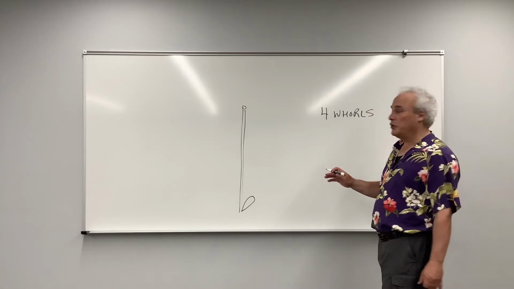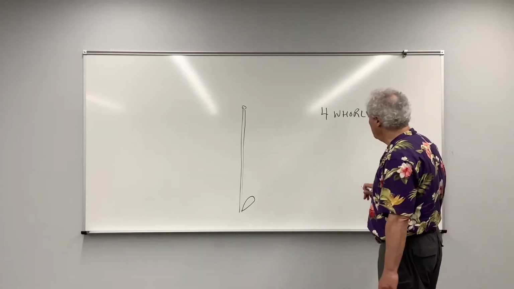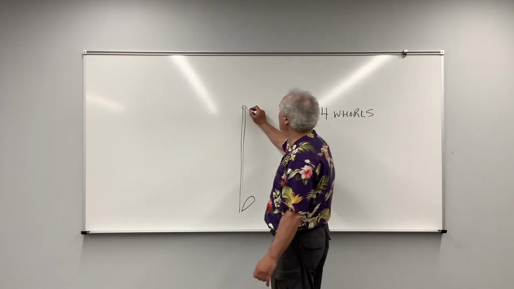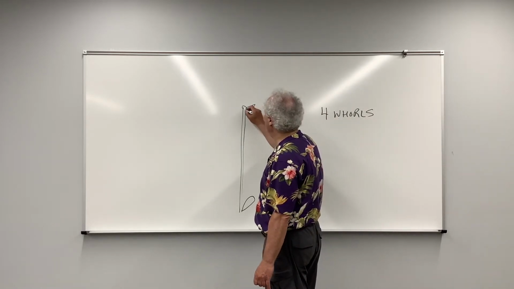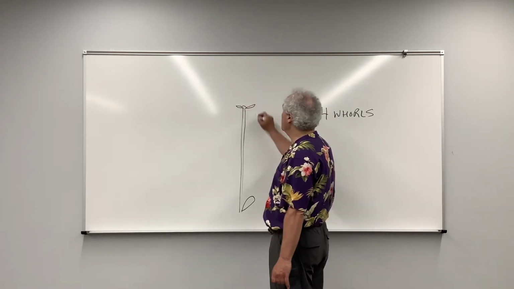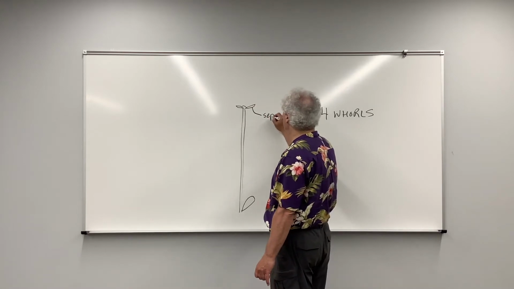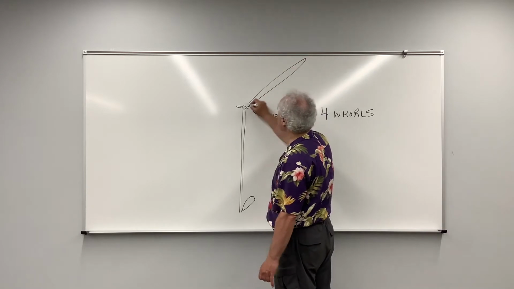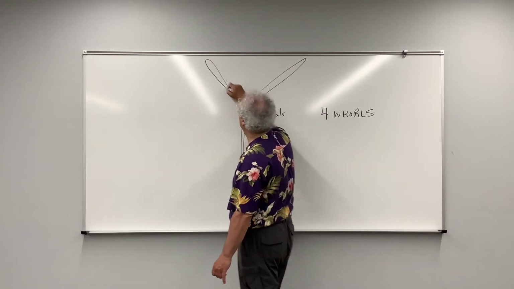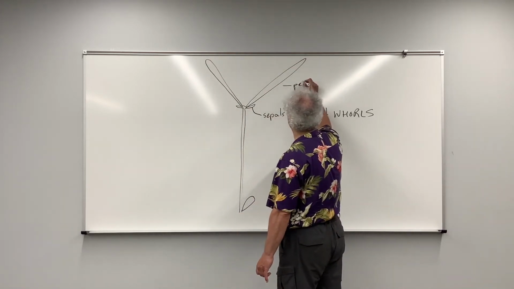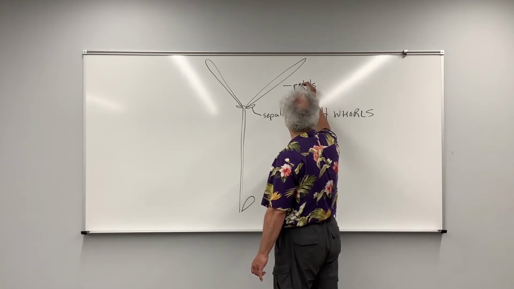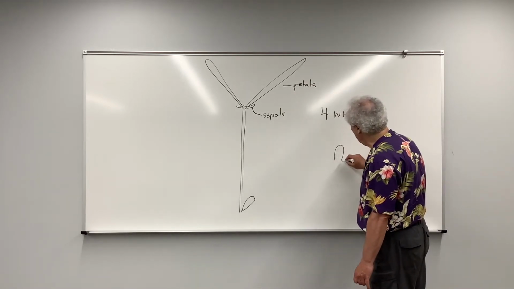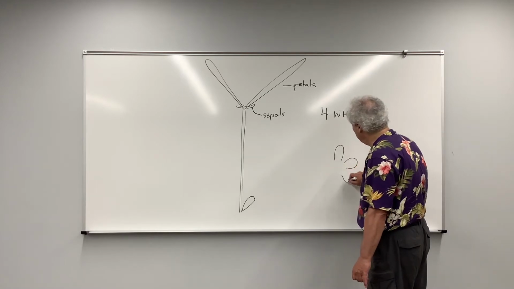But most of the time when you look at a flower, you're looking at it from above, from a bird's eye view. So if I draw here the outermost whorl, which are the sepals, and the whorl interior to that, which are the petals, you'll understand that what I'm actually drawing can be shown this way.